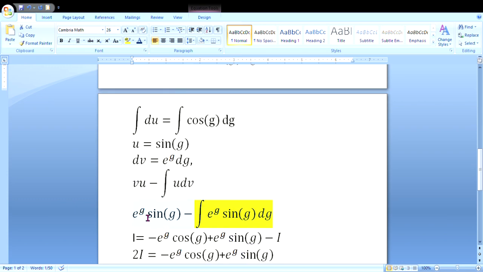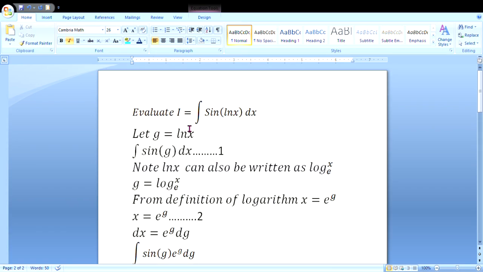It becomes exponential g sine g minus the integral of exponential g sine g dg. And if you look at this part here, it's exactly the function we obtained at the start.